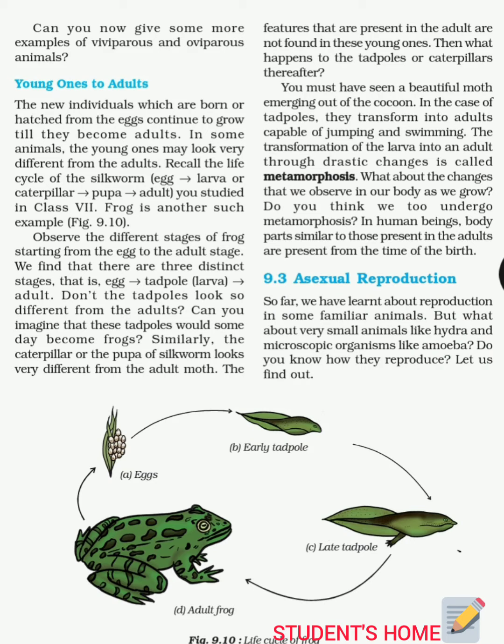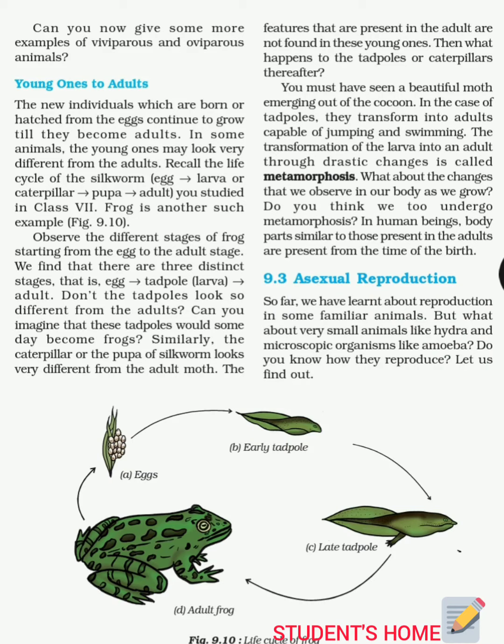Then what happens to the tadpoles or caterpillars thereafter? You must have seen a beautiful moth emerging out of the cocoon. In the case of tadpoles, they transform into adults capable of jumping and swimming. The transformation of larva into an adult through drastic changes is called metamorphosis.